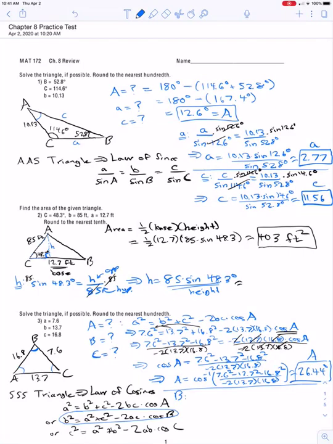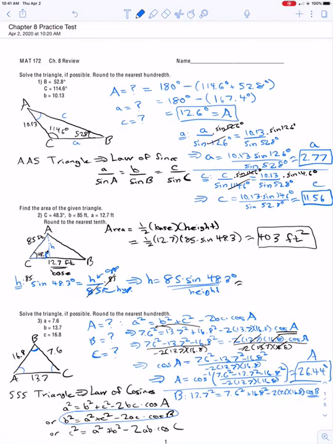So b, which is 13.7 squared, equals a squared plus c squared, 7.6 squared plus 16.8 squared, minus twice the product, 2 times 7.6 times 16.8 times the cosine of angle B, our unknown. So that's what we're solving for, B.